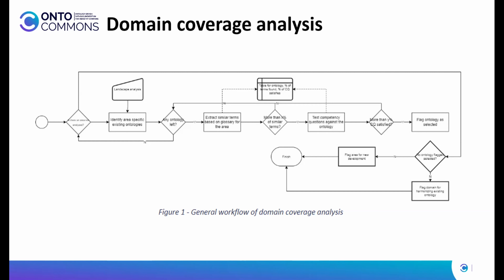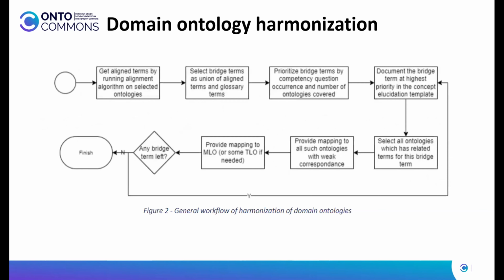If we have an ontology with a lot of coverage, then we identify it for the alignment. If we find that there is no ontology covering our set of competency questions, then we flag that domain as requiring new ontology development. And for the existing ontologies we identified in the previous step, we need to align them through the bridge concept.